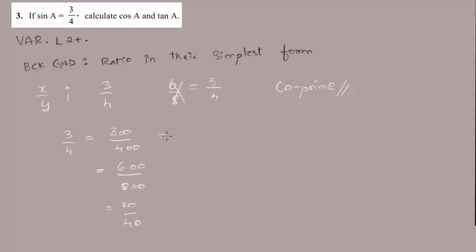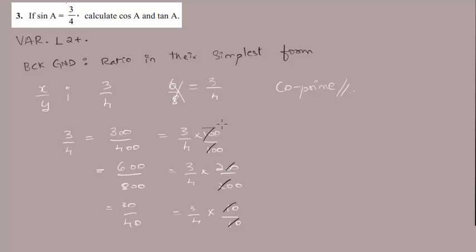What if it was 300 by 400? It is nothing but 3 by 4 into 100 by 100. Again, 3 by 4 into 200 by 200. This also can be written as 3 by 4 into 10 by 10. So basically all these constants can be cancelled and you get the ratio in the simplest form to be 3 by 4.